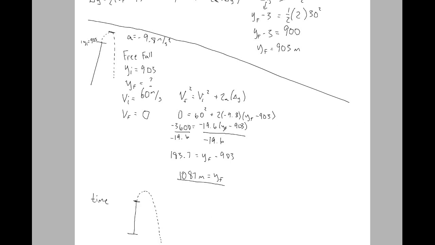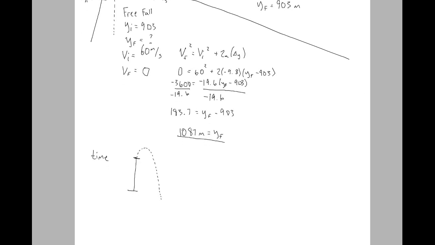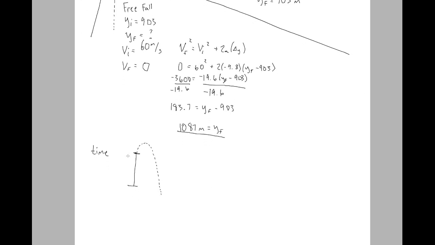Now, I pretty much know everything about my boost phase because I told you that the boost phase lasted 30 seconds. Hey, that's nice. So now, what I don't know is the time I'm in free fall. Okay? So, I know my V initial for my free fall. It was 60 meters per second.